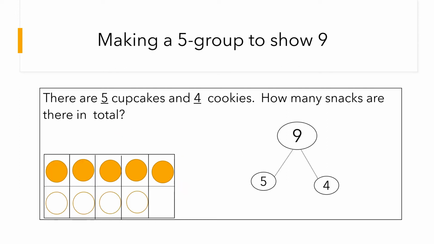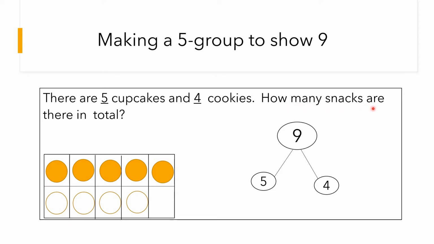Kindergarten, today during this lesson, we're going to use story problems to show 5 groups of 9. Now, when we show 5 groups of 9, we're going to show the 2 parts that come together to make 9. Listen carefully to this number story. There are 5 cupcakes, yummy, and 4 cookies. Getting so hungry.